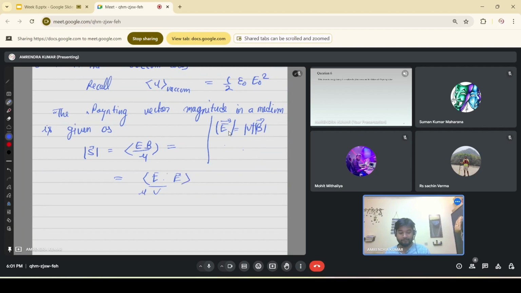Sorry for the disturbance. So that's E square upon V, and V is nothing but 1 over under root mu upon epsilon.